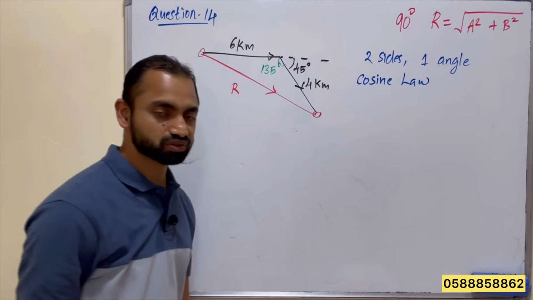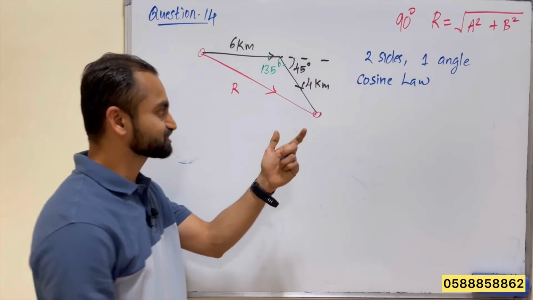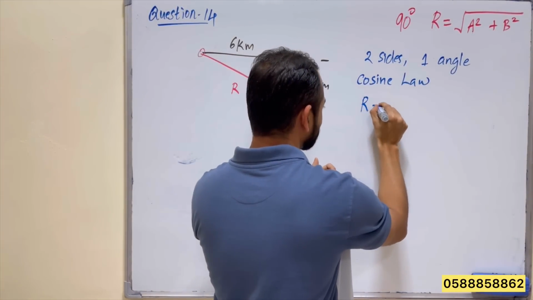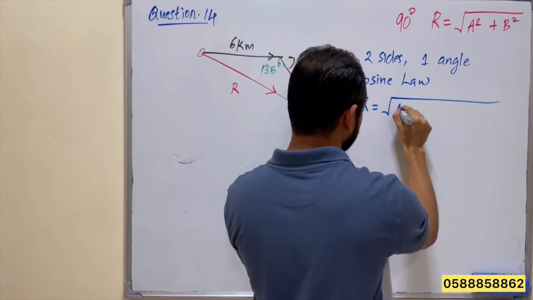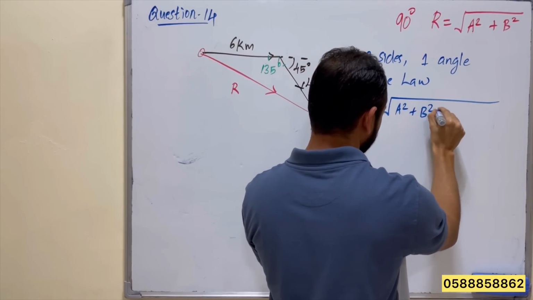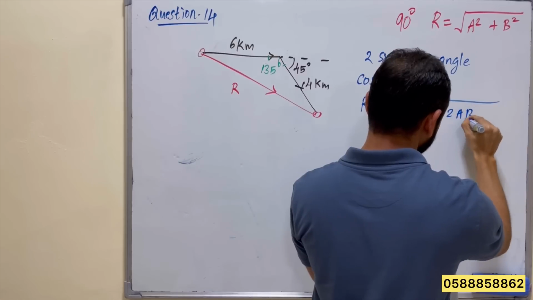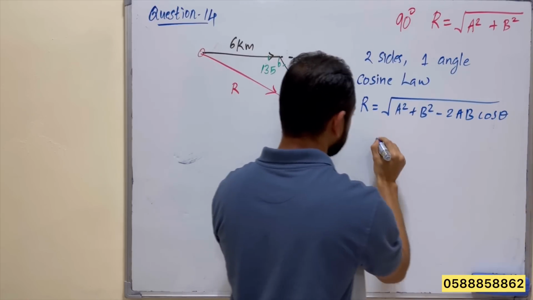What is the cosine law? The cosine law states that the displacement, meaning the resultant, is equal to the square root of a square plus b square minus 2ab cos theta.